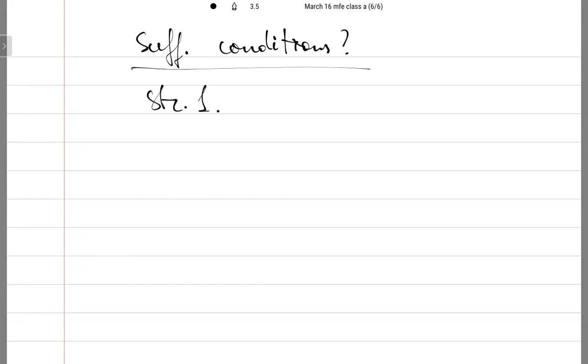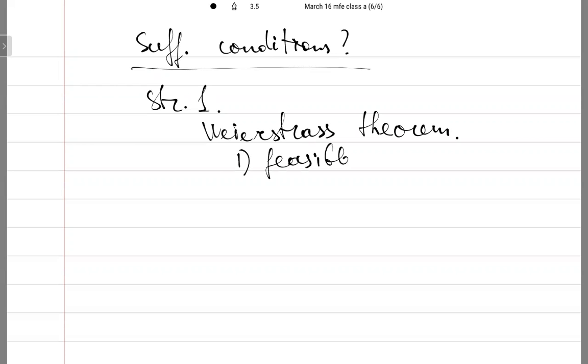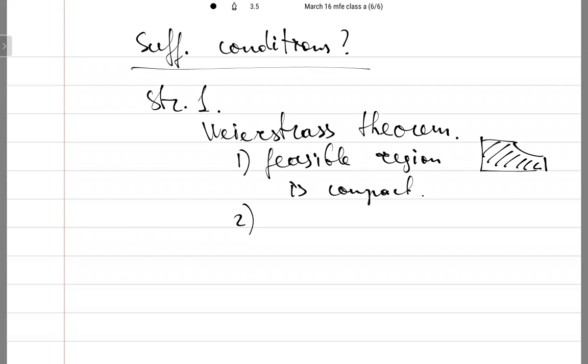Strategy 1. We can use the Weierstrass theorem. The feasible region, our boot, is compact. The function is continuous. Our y squared minus 3x is continuous.